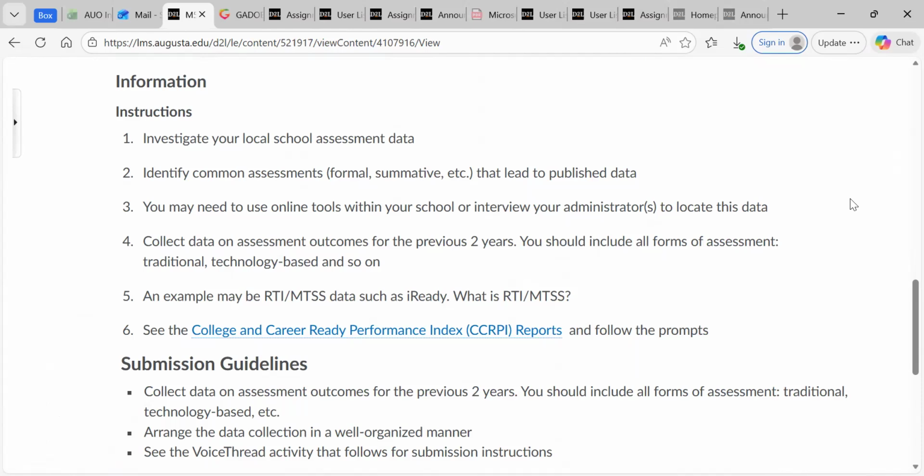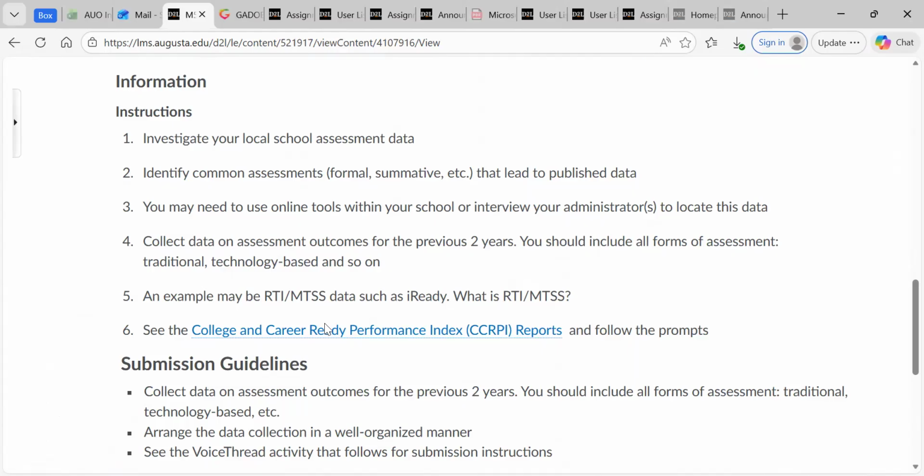Now, it says that it should include all forms of assessment, traditional, technology-based, and so on. I understand very much that many of us are not going to have non-traditional assessment data from the past 2 years on our students. So if you need to use, for example, milestones testing, we know that that is technology based, and that is fine.